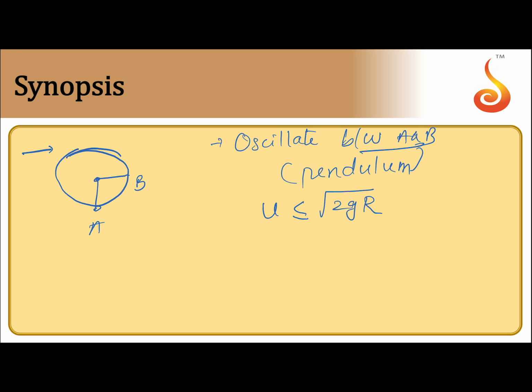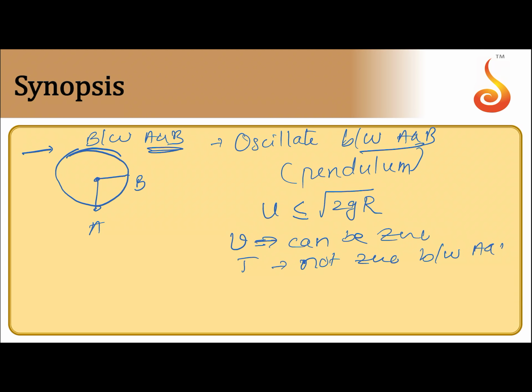Remember, the velocity must be less than or equal to root of 2gr, that is between A and B. But remember, velocity can possibly be 0, but the tension is not 0 between A and B. It cannot become 0, because tension is given by mg cos theta plus mv² divided by r. So tension can never become 0 between A and B.